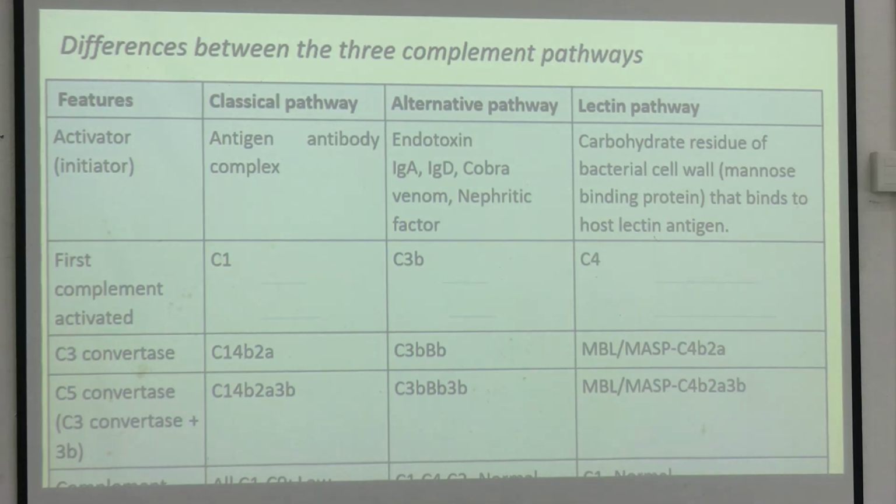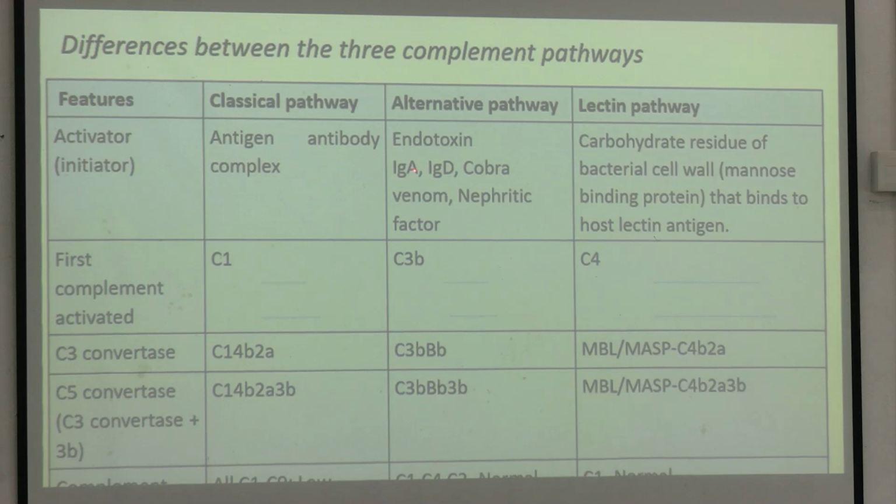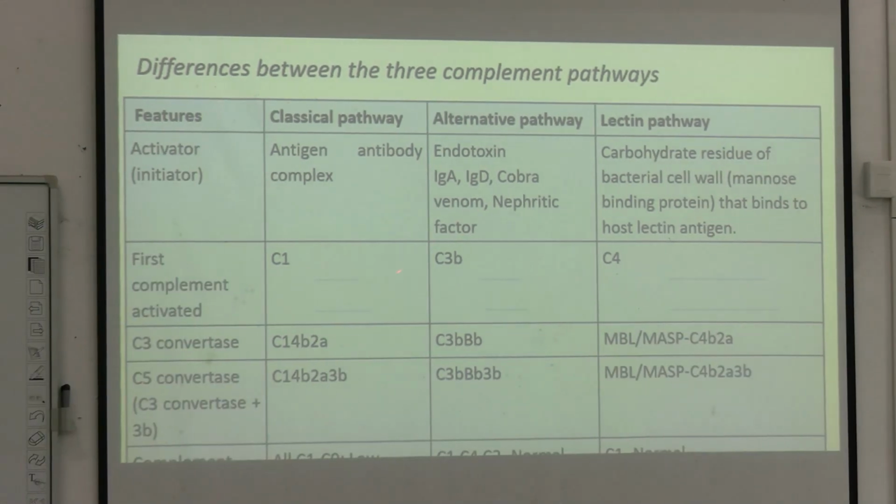Now, having understood that, you must understand important differences between these three pathways. The first difference is that the classical pathway is activated by antigen-antibody complex. The alternative pathway is activated by, please remember, endotoxins. Endotoxins are generally produced by gram-negative bacteria. Also some immunoglobulins like IgA, IgD, and even some toxins like cobra venom.